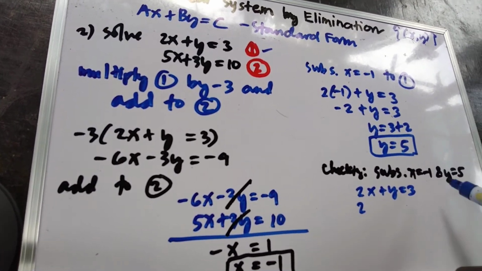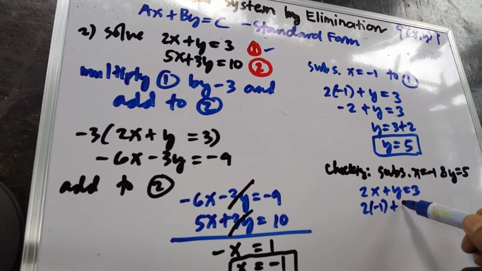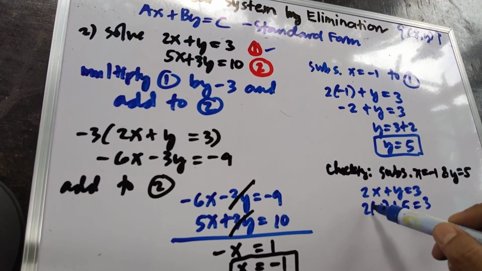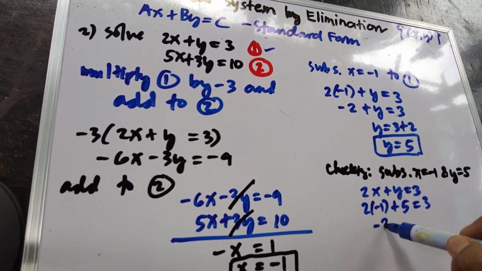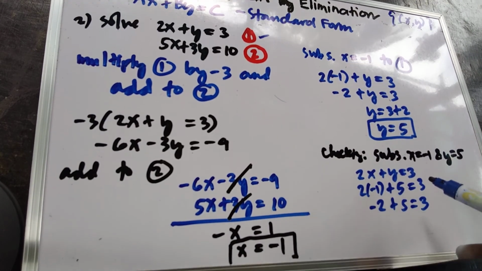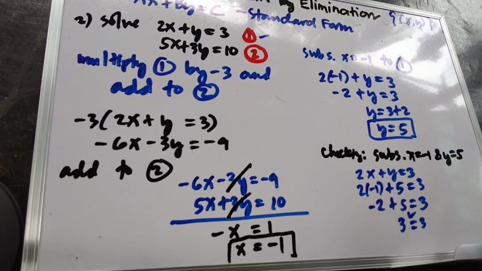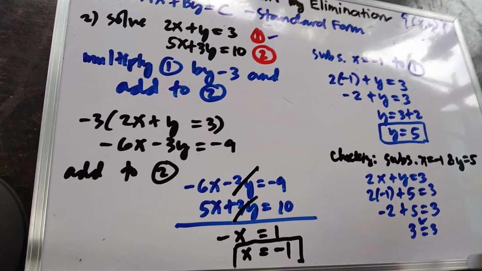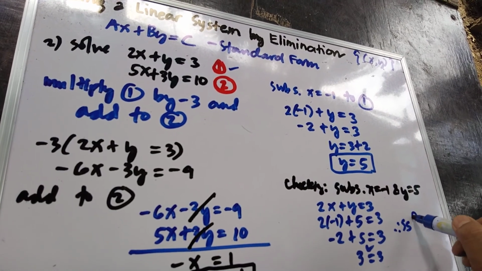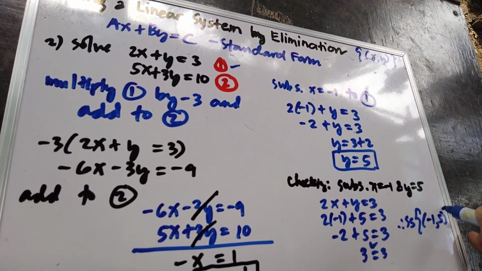What is our x? Negative 1, plus our value of y is 5. 2 times negative 1 is negative 2 plus 5 is equal to 3. Negative 2 plus 5, that is 3, is equal to 3. That's correct. Therefore, our solution set is the ordered pair negative 1 and 5.